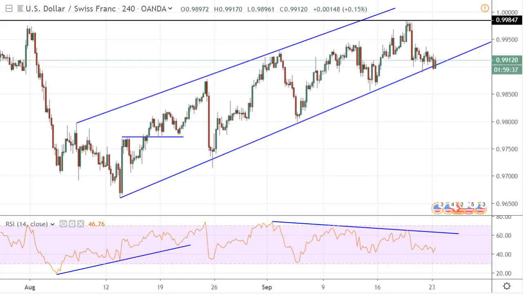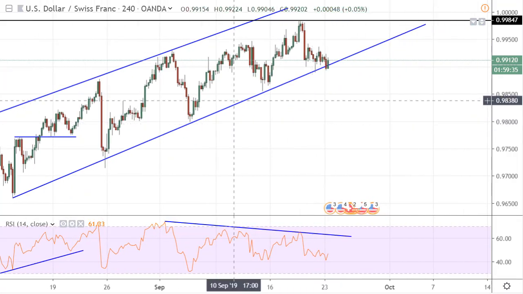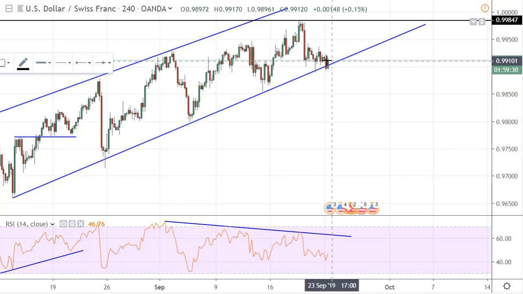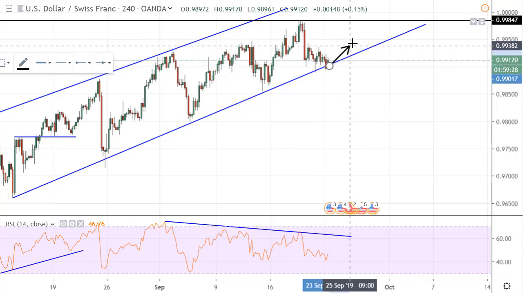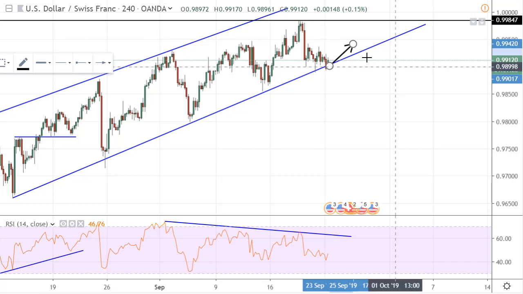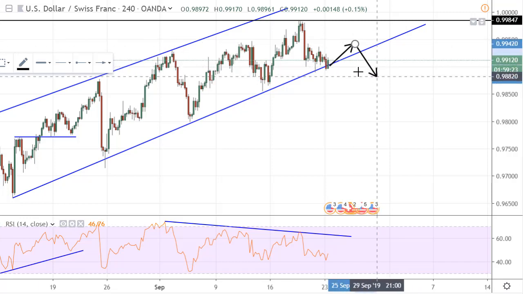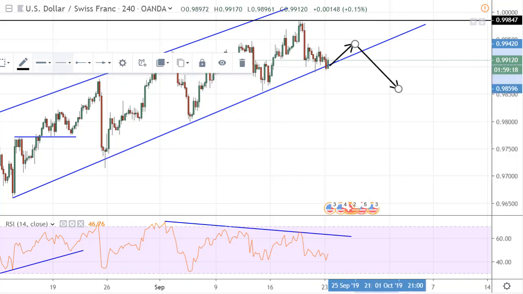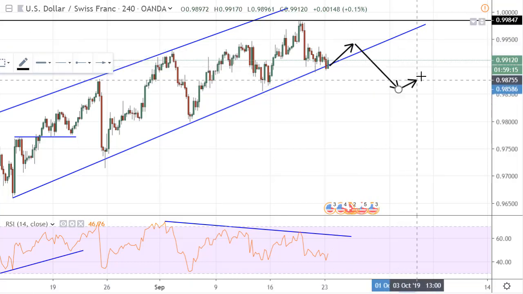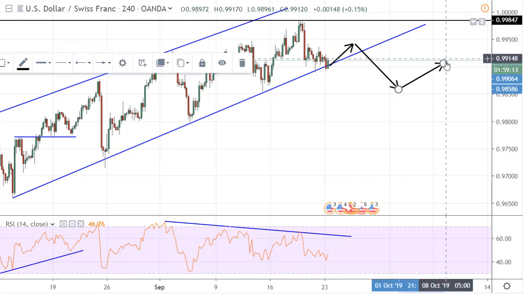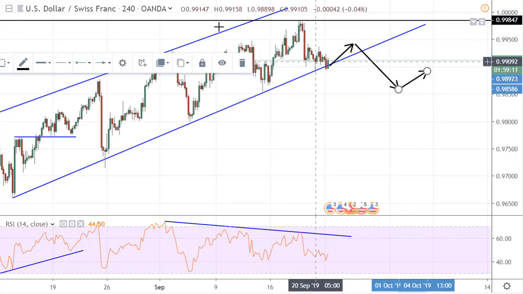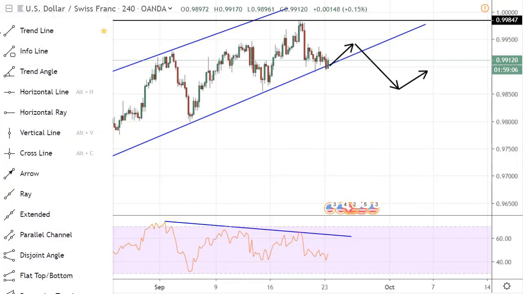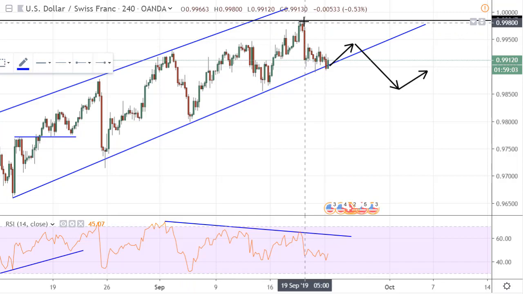For example, if this indeed does continue, we could see a breakout, or maybe we are getting into the right shoulder right now, and then we go back and we break this support level, move right through it, and come back for a retest, and then we have our first reversal pattern.